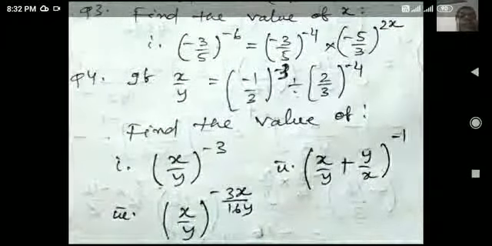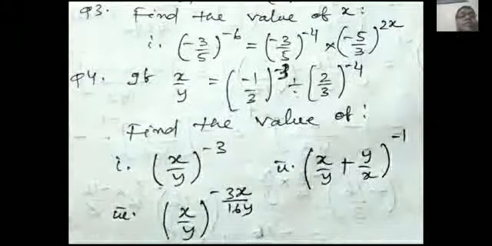Question 3, find the value of x. First bit, no, this is only one bit given by mistake: (-3/5)^-6 is equal to (-3/5)^-4 × (-5/3)^2x.